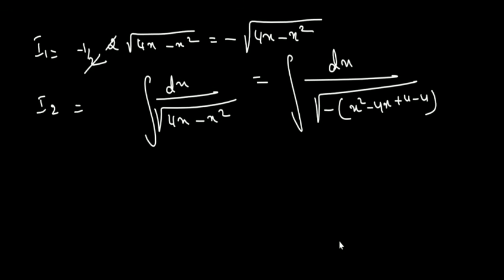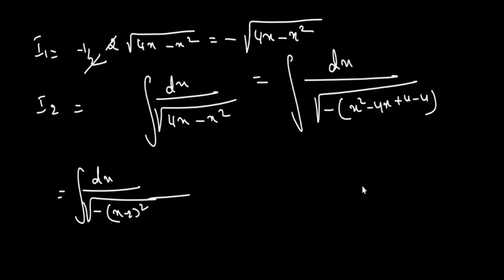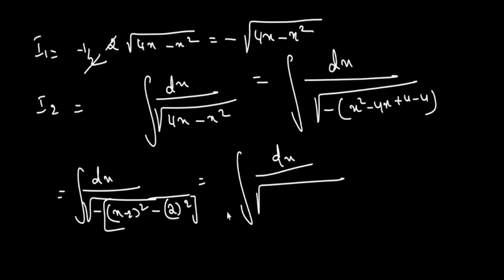So it is equal to the integral of dx by root of minus, this is (x minus 2) the whole square minus 2 square. That is equal to the integral of dx by root of, put the minus sign in, this will become plus 2 square and you have minus (x minus 2) the whole square.